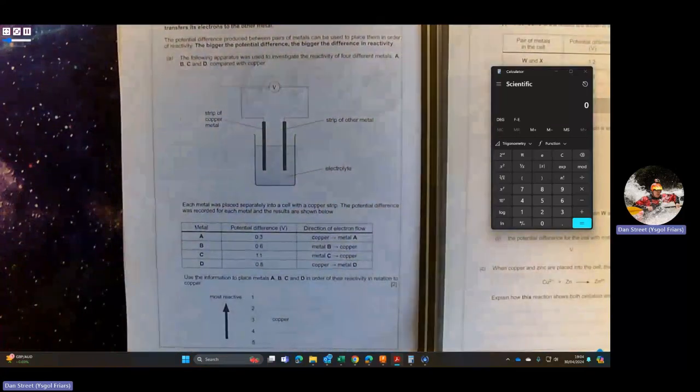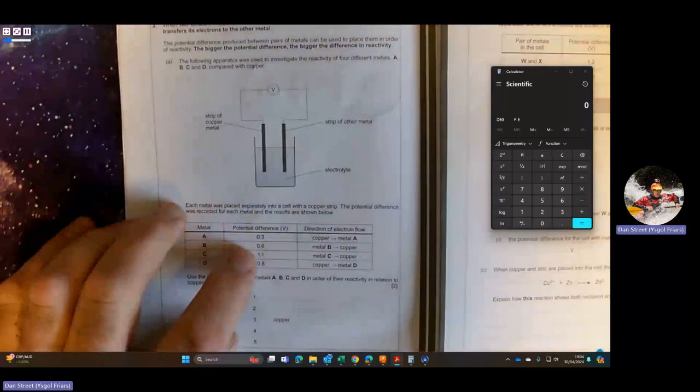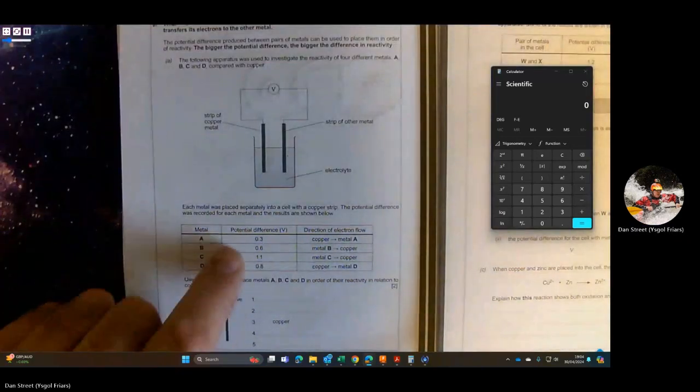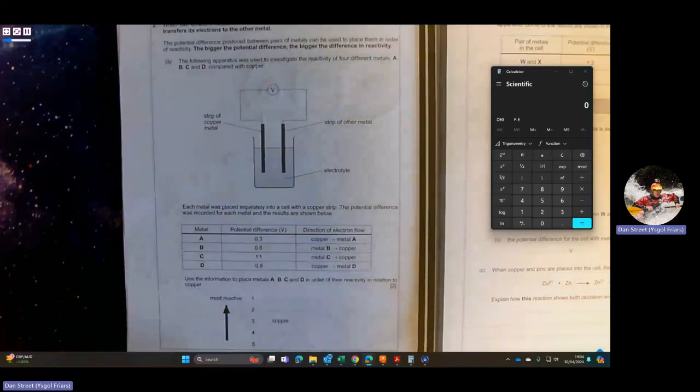Okay, so the potential difference there gives an indication of how easy or otherwise it is for that electron transfer to happen. Okay, so we need to bear those in mind and have a look at the information here.